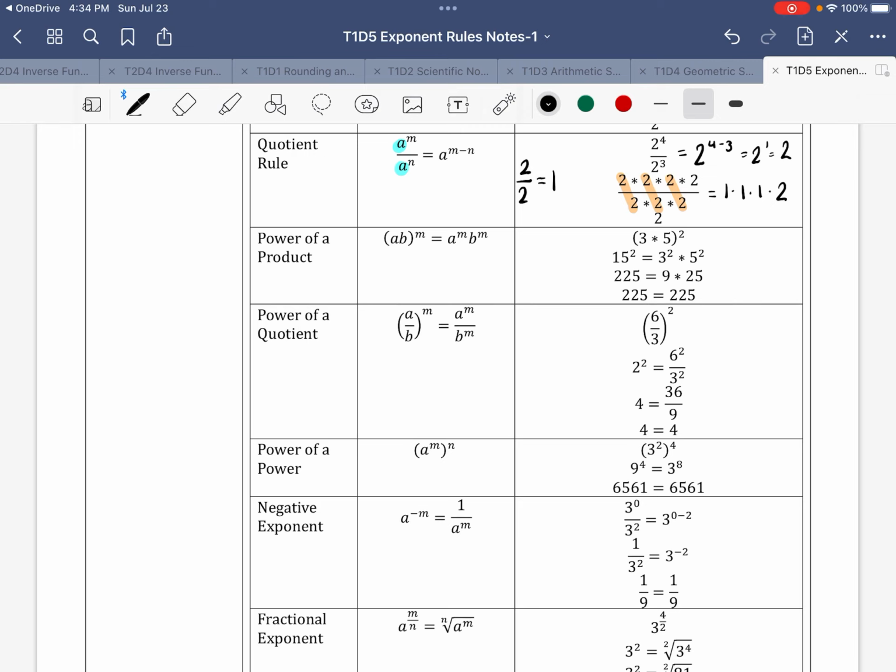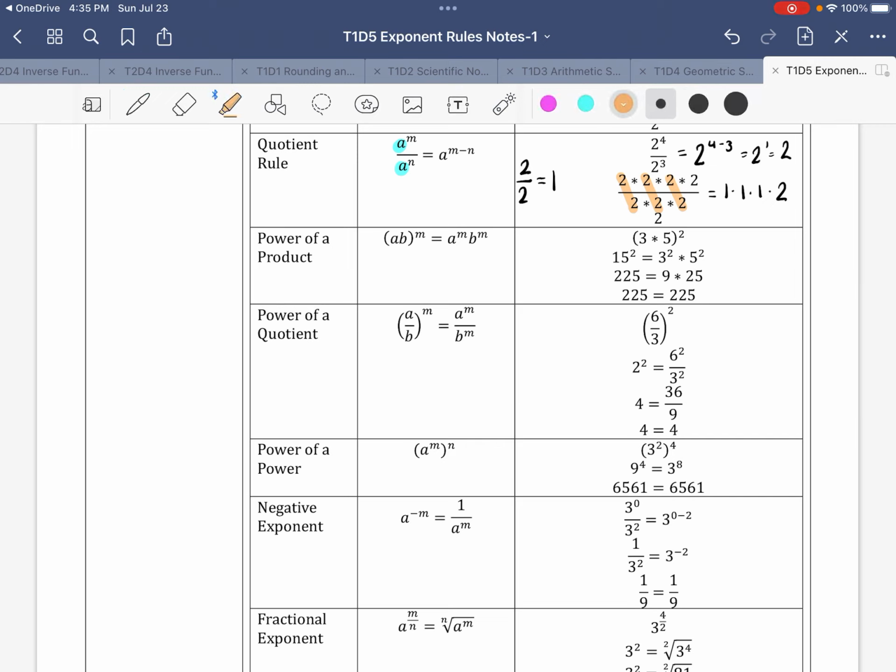Next, we have power of a product. So if we have A and B being multiplied, so they're the product part, and we take all of that to some power, that power is applied to the base of A and to the base of B. And the way that we can prove that that works is if we have 3 times 5 quantity squared.